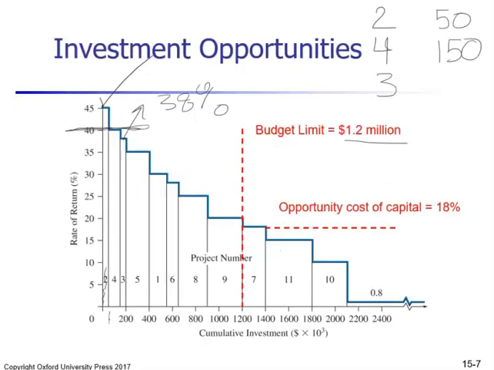Okay, so it continues like that, and we get to project 5. It gets to project 5, as you can see. It gets to project 5, and the rate of return of project 5 is 35%. And what is the total investment when they invest on project 5 as well?